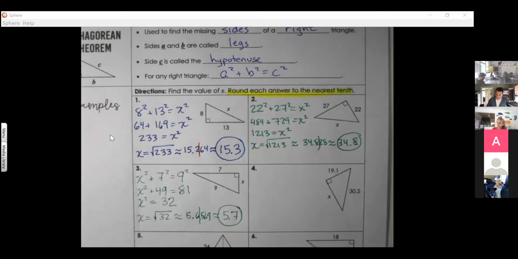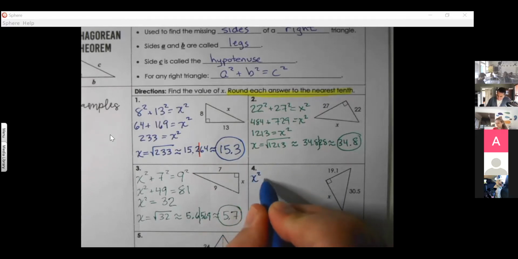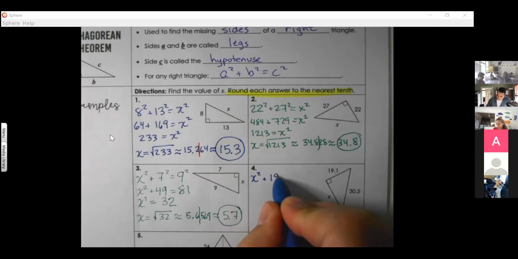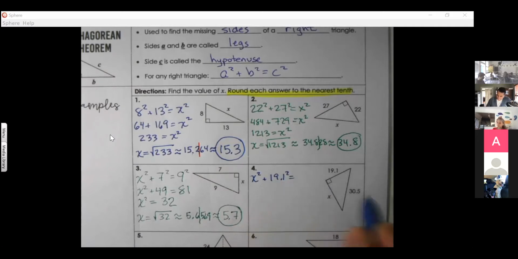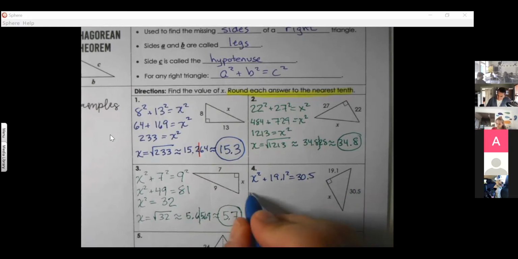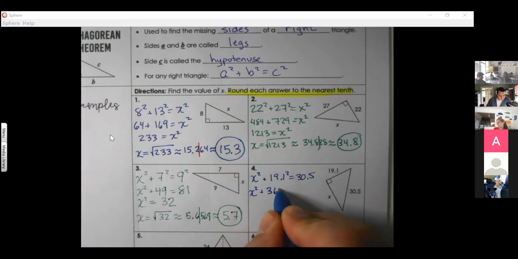All right, and then for this one, looks like it's a leg. So this is going to be part of the summed side rather than the solo side. And again, even though we're rounding to the nearest tenth, we don't want to be losing precision along the way. My number comes out to 364.81, and I'm not going to round that down now.